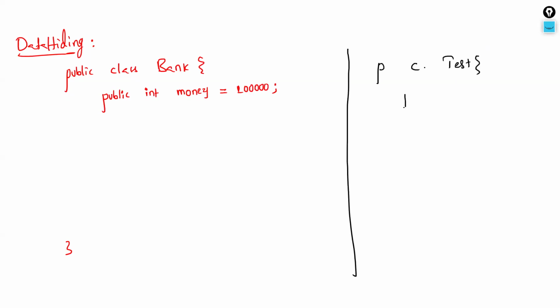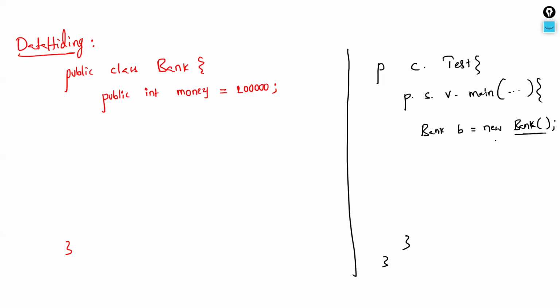Inside this Test class, public static void main, and inside this main, how do we access this? Bank class name, B object name, new Bank. What constructor is this? No-arguments constructor. Are we giving any constructor? No. Then who is giving? The default constructor is given by the Java compiler.